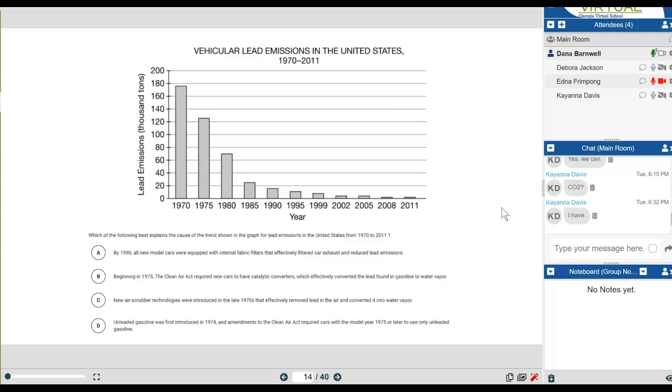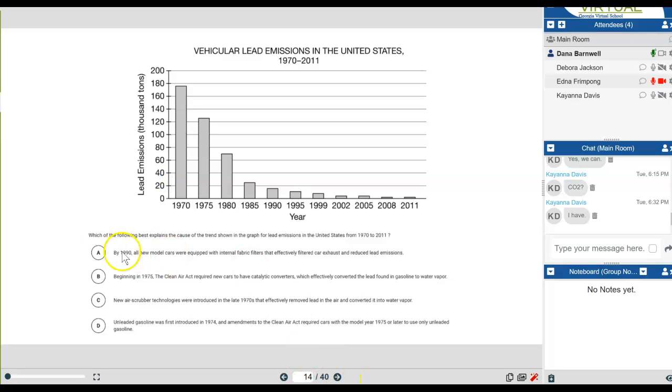And so as a result of what we have seen, and then making and enacting the change of taking the lead out of our gasoline, we have here in the United States from 1970 seen what? A very dramatic decrease in the amount of vehicular lead emissions in the United States. And again, it's because we took lead out of the gasoline.